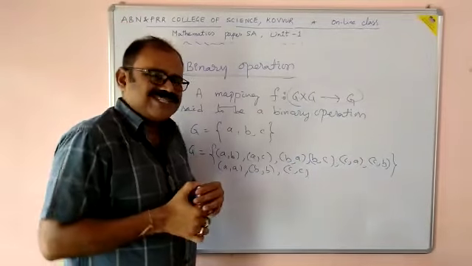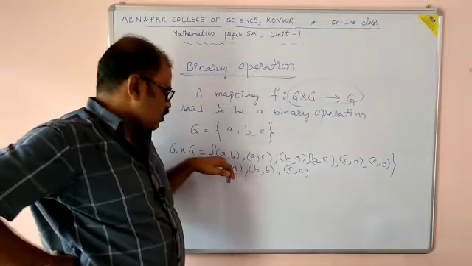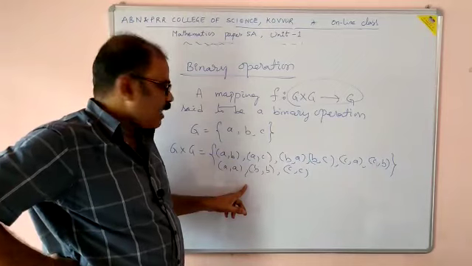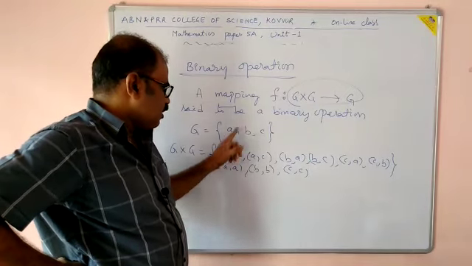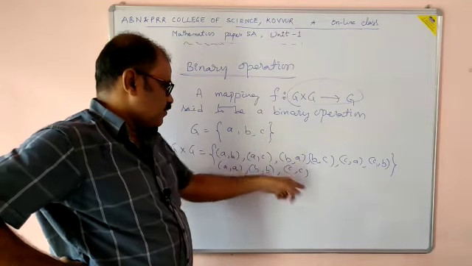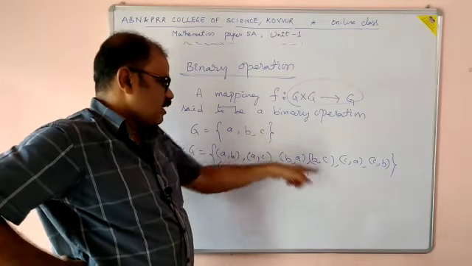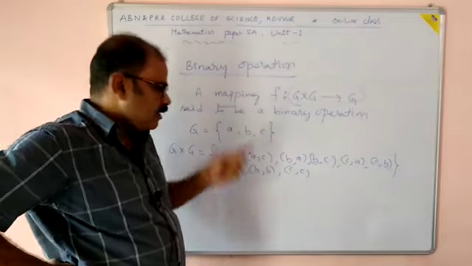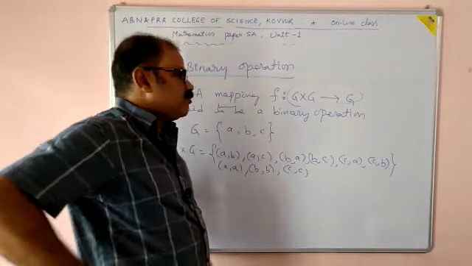So, the Cartesian product of G with G gives ordered pairs. How many? 9: AA, AB, AC, BA, BB, BC, CA, CB, and CC. So, totally 9 elements. These are ordered pairs.